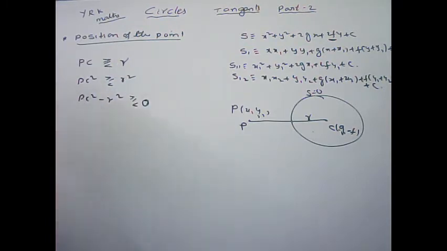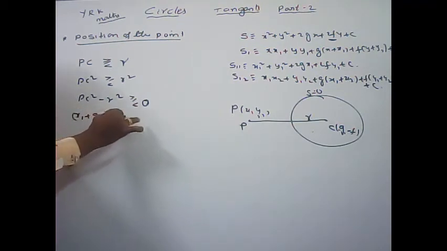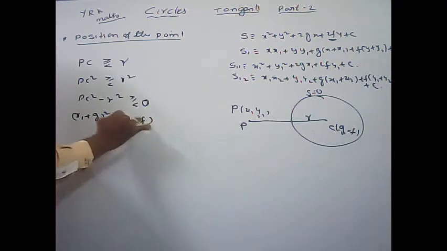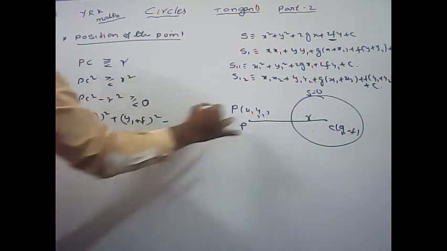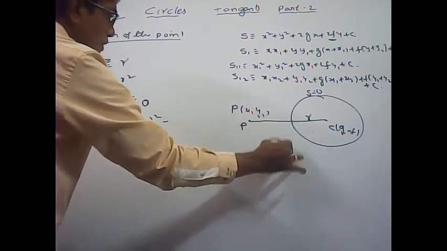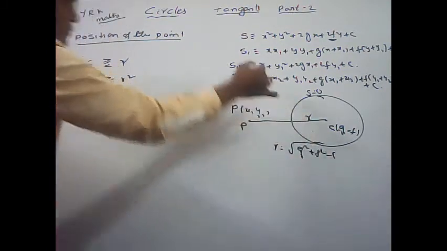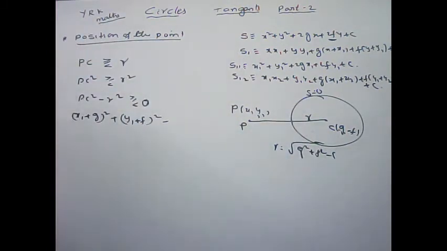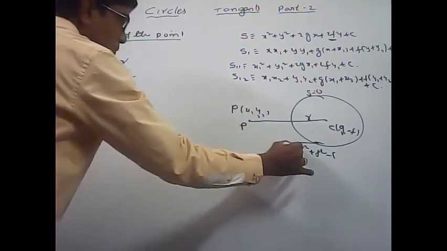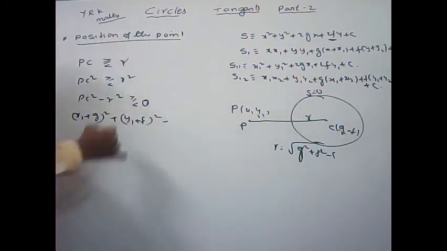What about PC square? That is x1 plus g whole square plus y1 plus f whole square minus, what about the radius? That is the root of g square plus f square minus c, the radius of the circle x square plus y square plus 2gx plus 2fy plus c equals 0.